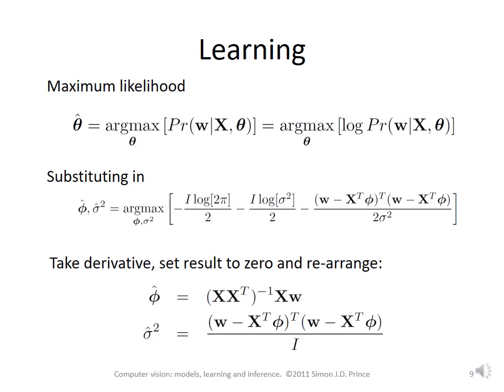We can do the same process as we did before, where we look at the log likelihood, take the derivative with respect to our model parameters, and solve for our maximum likelihood phi and our maximum likelihood parameter for variance. You have all of these elements already. You have your data, you have your labels w, and this I here is the number of elements in w. All right, so this result shouldn't look too surprising.